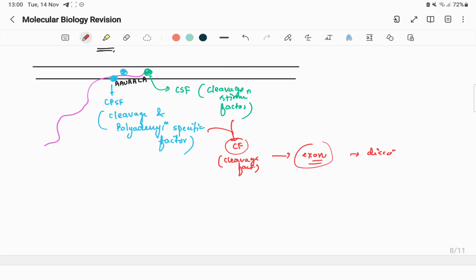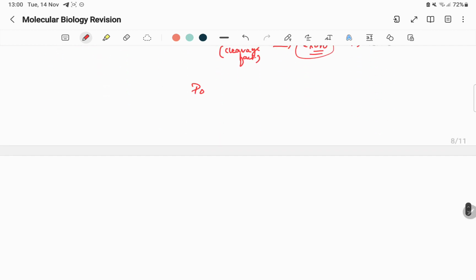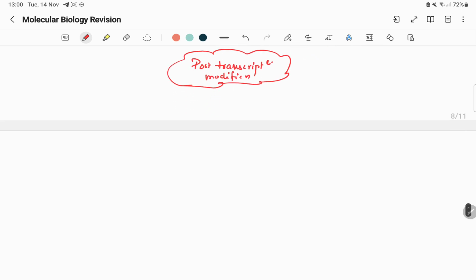Afterwards, let's talk about some post-transcriptional modifications. You can get a short note on post-transcriptional modifications also.